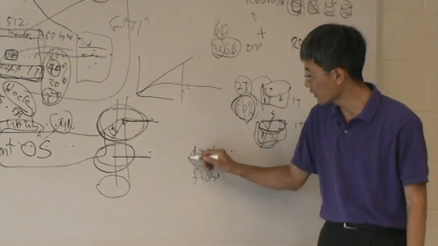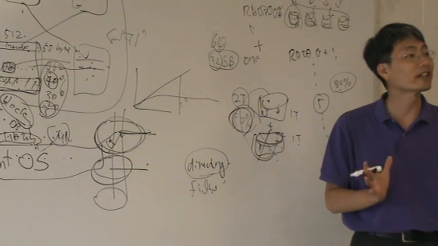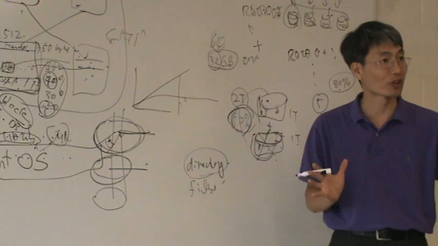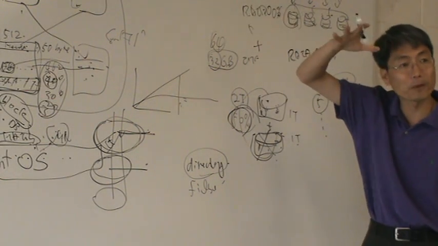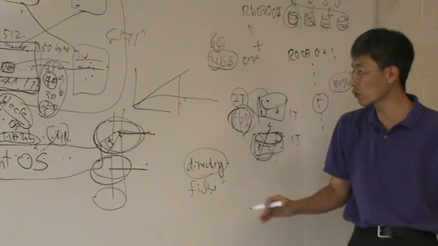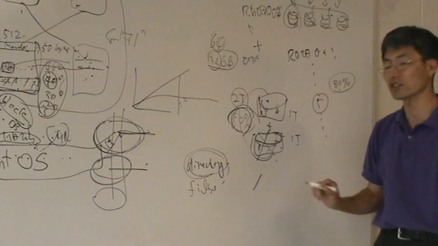So this directory structure is good for what? Many files. And also you can classify. A hierarchical structure is used for the directory structure. So you can have, for example, a root.